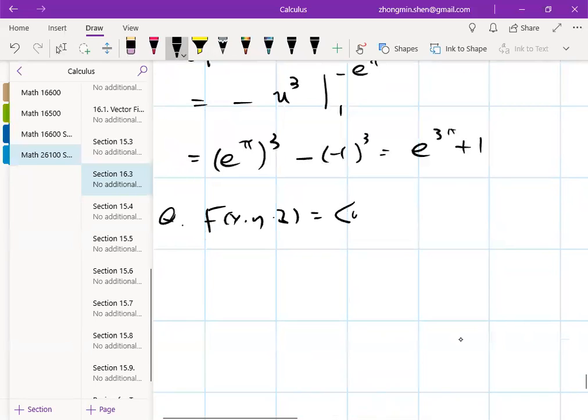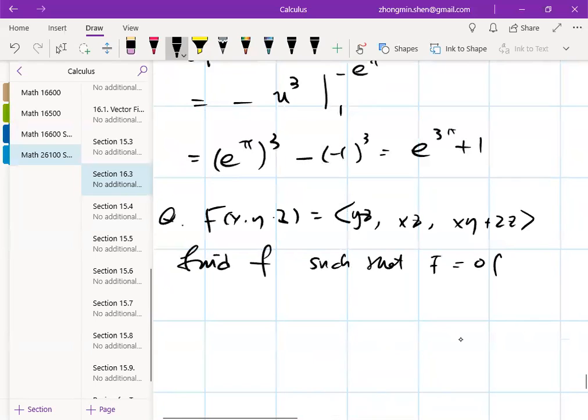The vector field is yz, xz, xy plus 2z. Find the f such that, maybe you cannot find it, right?